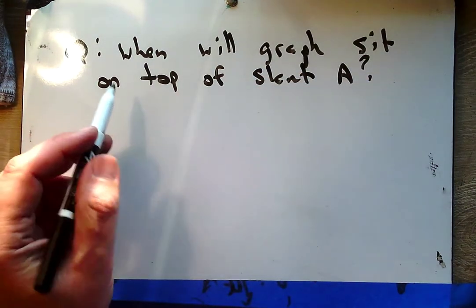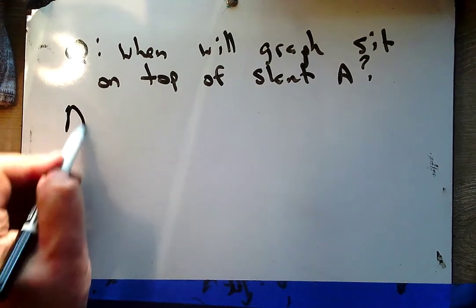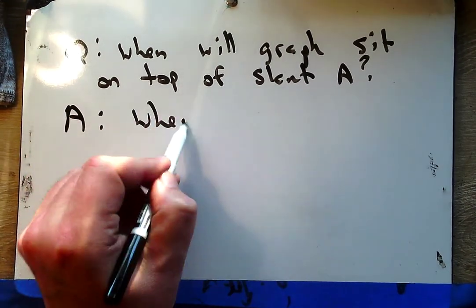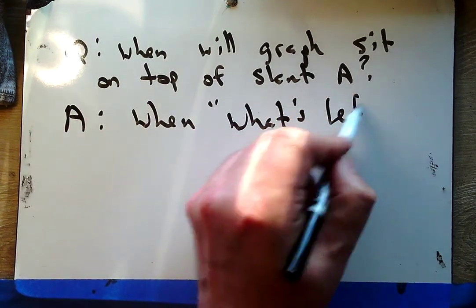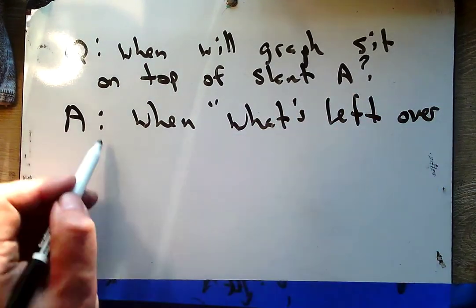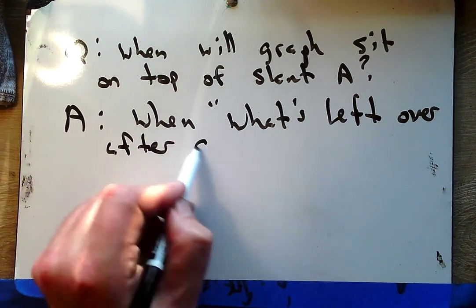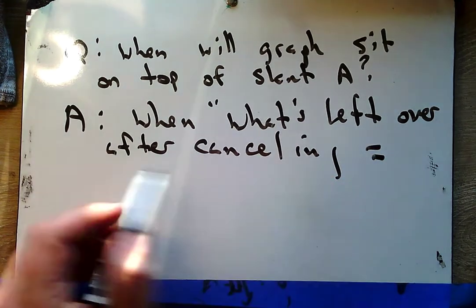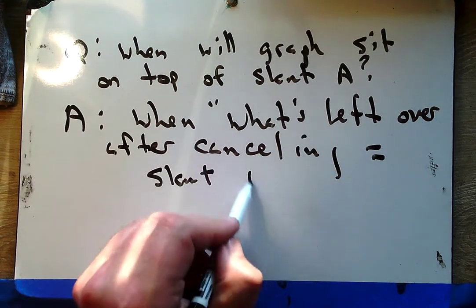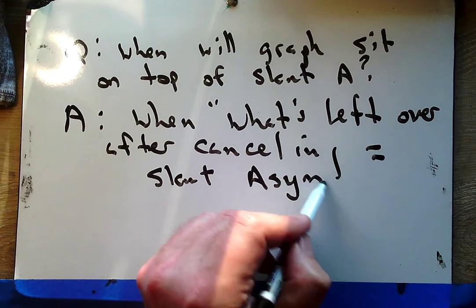And that happens when what's left over after canceling equals the slant asymptote equation.